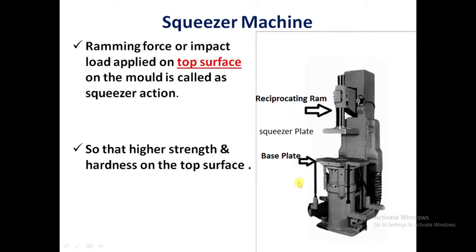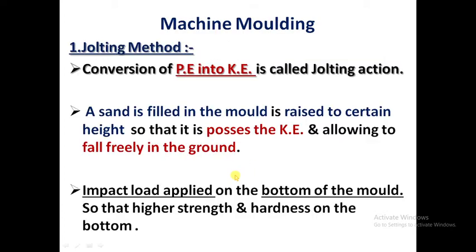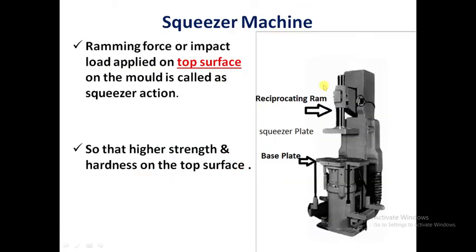Here you can see a table which is mounted on a sleeve. Here you can see the base plate. This is for the squeezing machine. Okay, this is the jolting method, and here the squeezer machine.